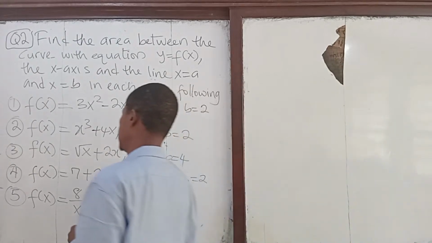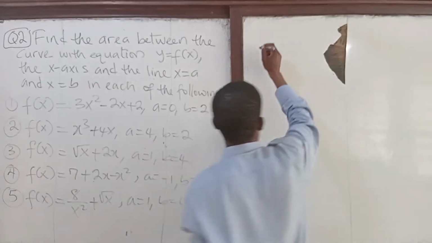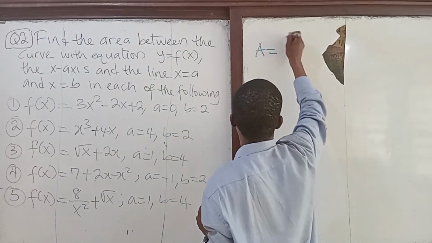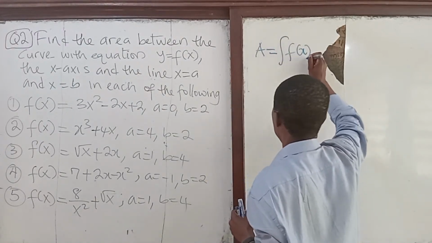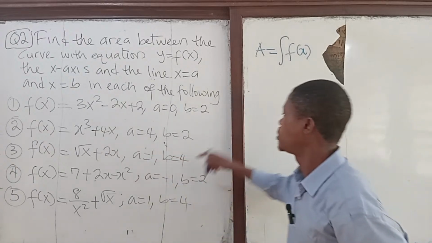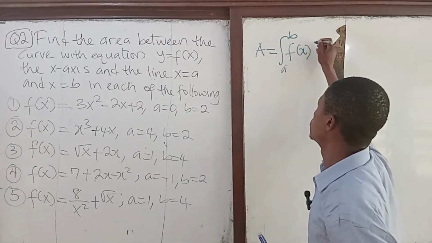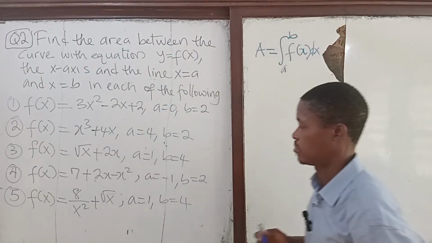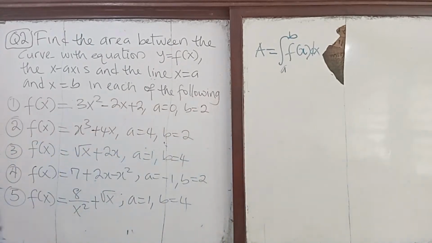For the C part, for the 3, the area will be equal to the integral of the function f of x, with the line from A to B. So A is the lower limit, and that's B, and then dx. So that's the formula for finding the area between the curve.